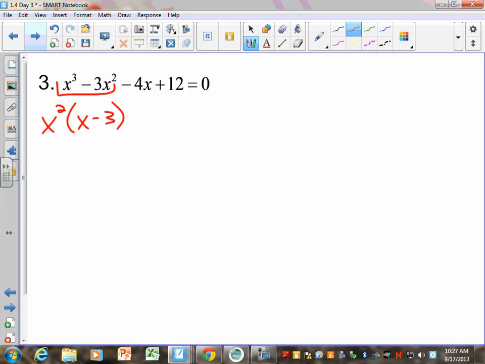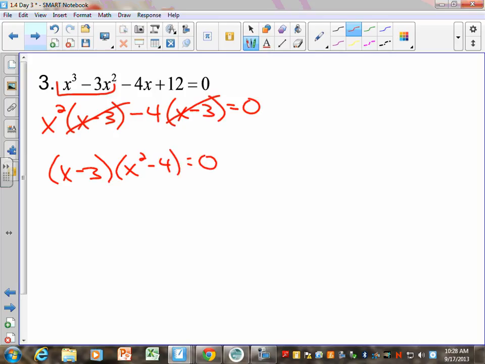Remember, you want these to be the same, so there's a 4 in both of these, but we need the signs to switch. So I'm going to factor out a negative 4. So that would make that x minus 3. And then remember, factor by grouping, we're going to take the part that's the same and pull it out front. So I'm going to pull out that x minus 3, and then what's left is x squared minus 4. And then you can set each one of those equal to 0 and solve them.